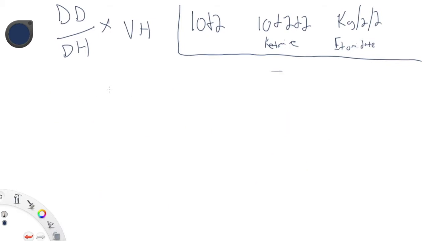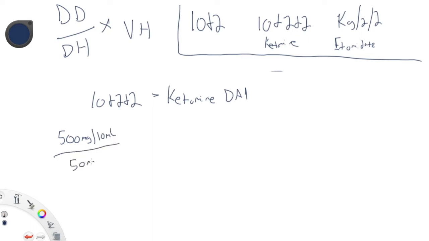So now let's introduce the 10 and 2 and 2 rule. This is specifically for the ketamine DAI protocol. The advantage of using ketamine for DAI is for our asthmatic COPD patients, it's going to help open up those airways, so that might be the preferred method for sedation over etomidate. Now the ketamine comes packaged in 500 milligrams per 10 mLs, or we can break that down to 50 milligrams per 1 ml.